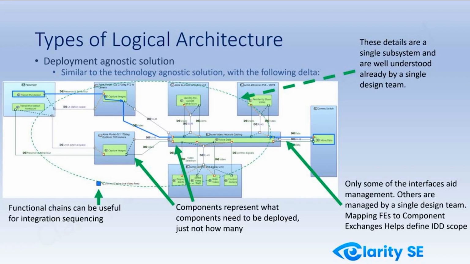Right, the components represent what needs to be procured, and the functional chains here, you could use them to represent requirements, but they're also going to be useful for integration sequencing. So what needs to exist and be available for you to integrate the next component.